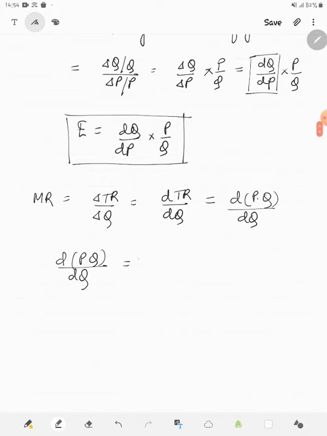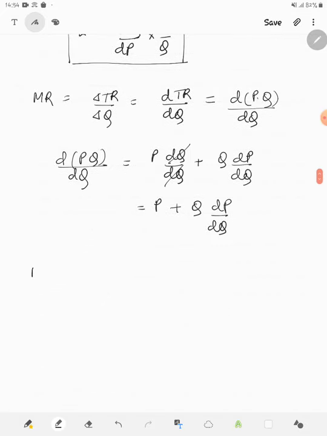Differentiating PQ with respect to Q, we keep P constant and differentiate Q with respect to Q, then keeping Q constant, differentiate P with respect to Q. Here dQ gets cancelled, so we are left with P plus Q into dP by dQ.